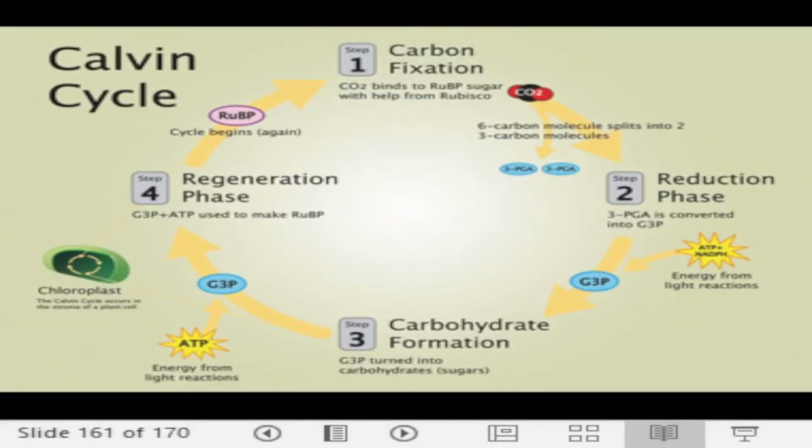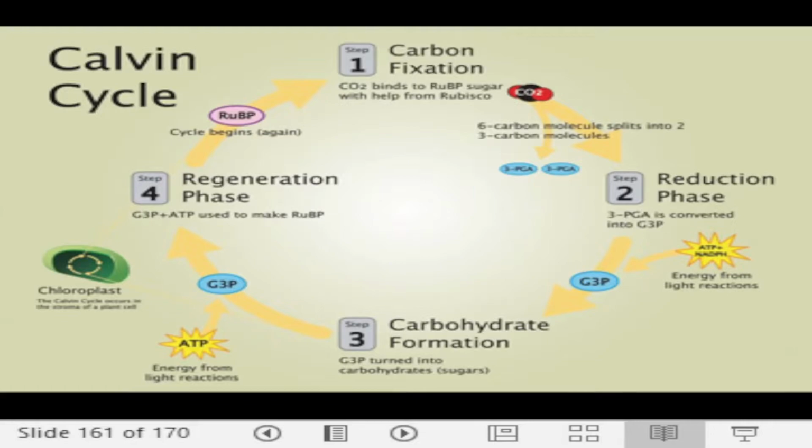Alright, so again, carbon dioxide enters the leaves of the plant and reacts with RUBP or ribulose bisphosphate or ribulose diphosphate. The reaction is catalyzed by an enzyme called Rubisco or RUBP carboxylase. So what happens here is that the carbon from carbon dioxide is fixed into RUBP.